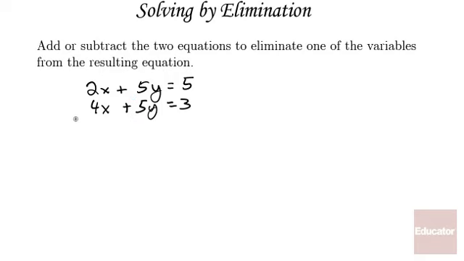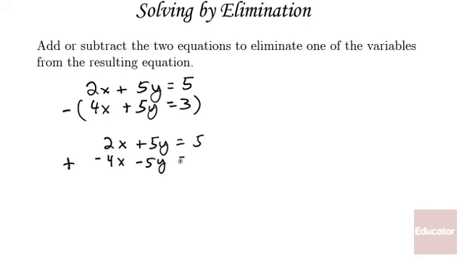So I'm going to subtract this second equation from the first. To help me keep my signs straight, I rewrite that as adding the opposite. So I'm adding negative 4x, negative 5y, and negative 3.